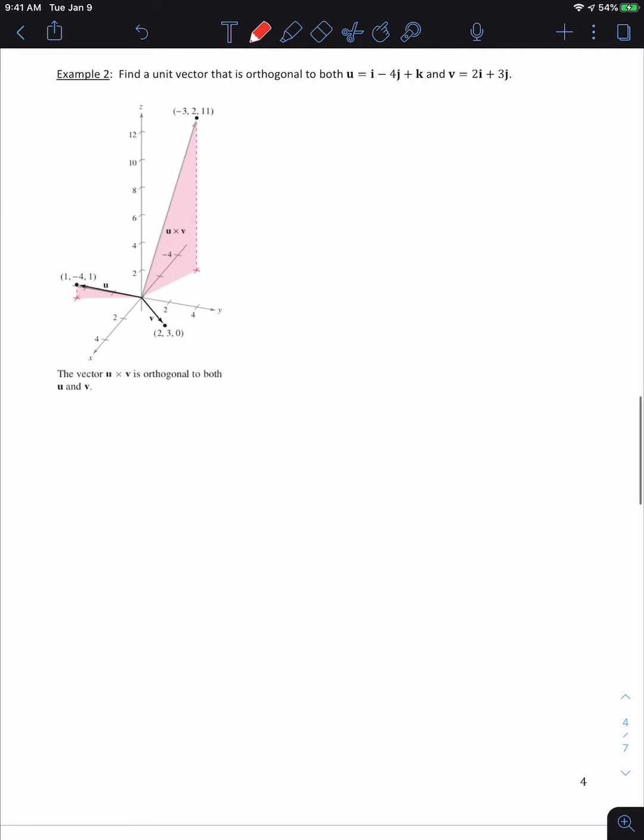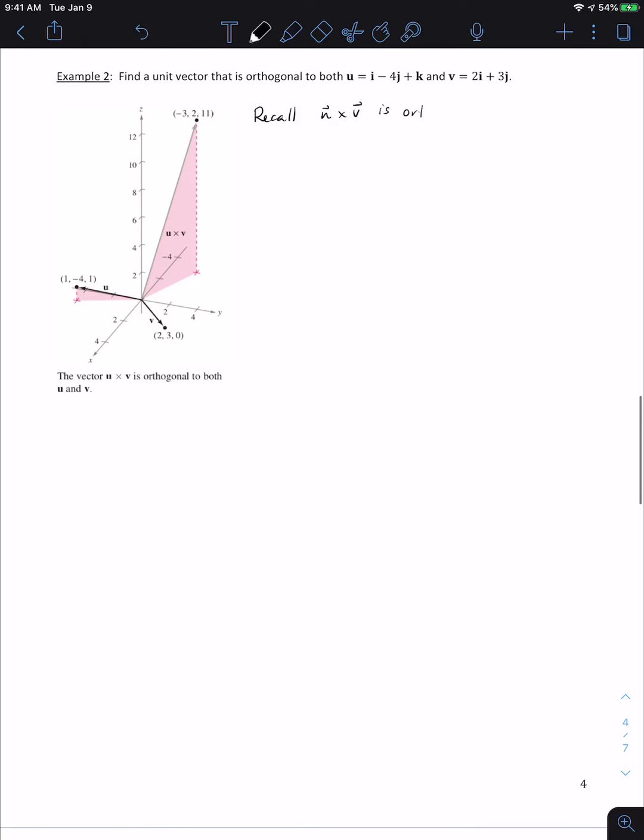Okay, so let's find a unit vector that is orthogonal to both u and v. In order to find a vector that's orthogonal to both u and v, that vector is u cross v. So recall that the vector u cross v is orthogonal to u and v.